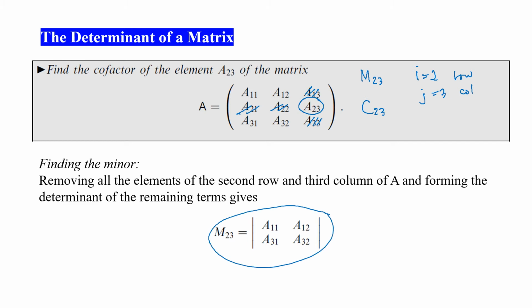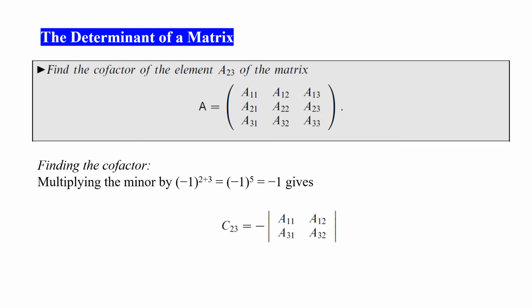So you can now get the cofactor of this one by multiplying the minor by negative 1 raised to i plus j. Your cofactor C23 is negative 1 raised to i plus j, that is negative 1 raised to 2 plus 3, which is 5. So you have negative 1 to the 5th.